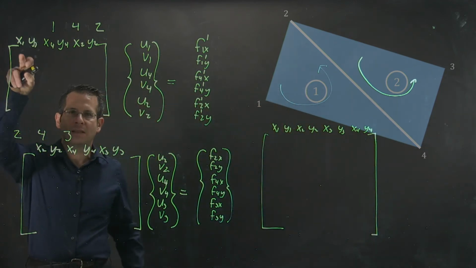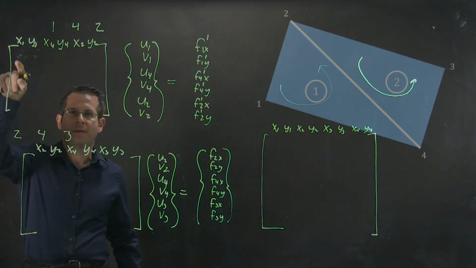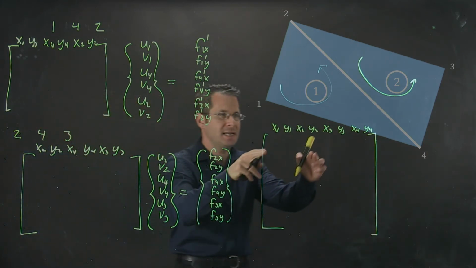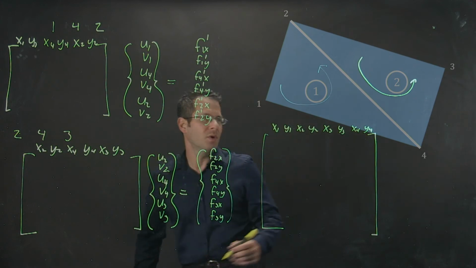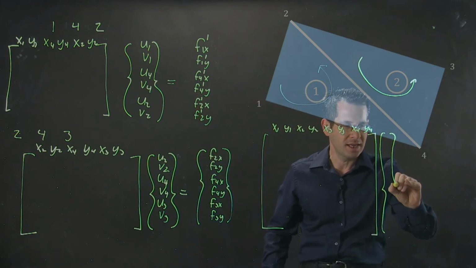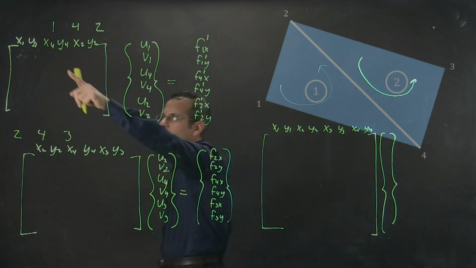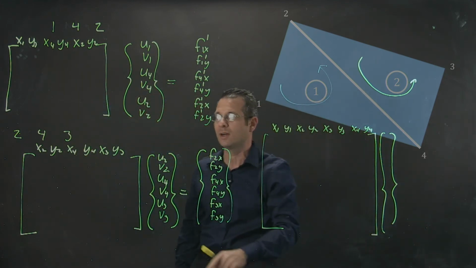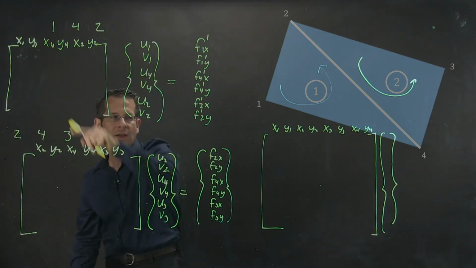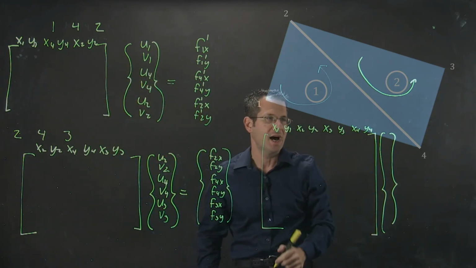As I place and sum up the various members of these two matrices in here, I will want to place everything in an xi column here in an xi column here, and everything in a ui or vi row here in a ui or vi row here.